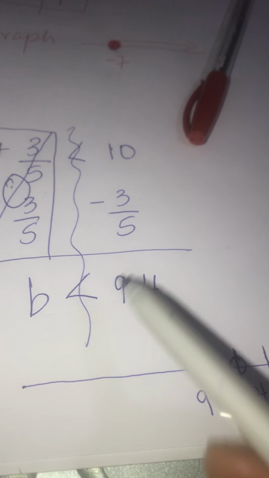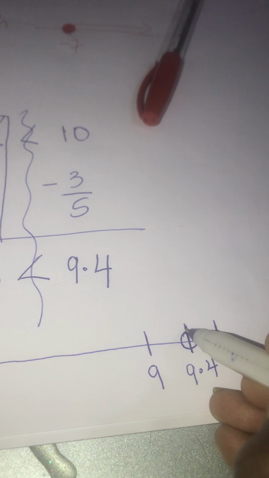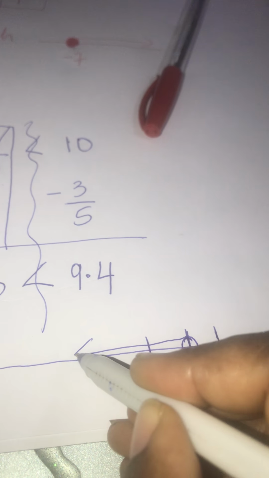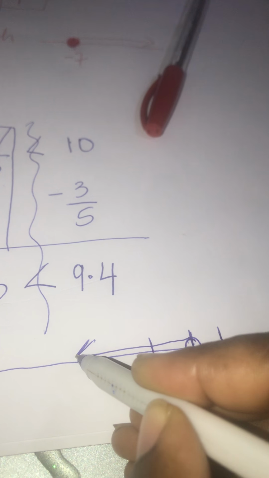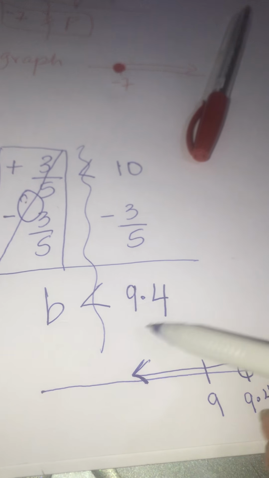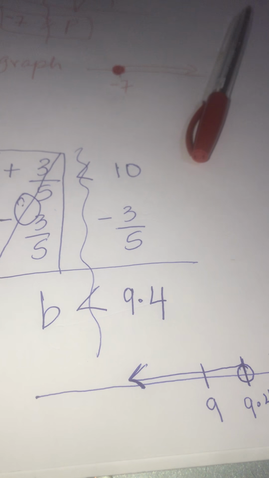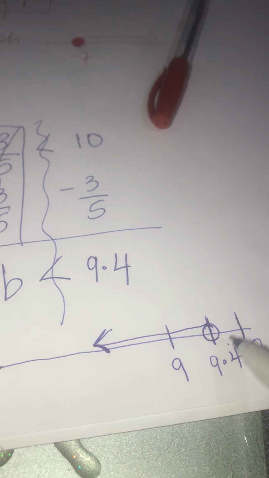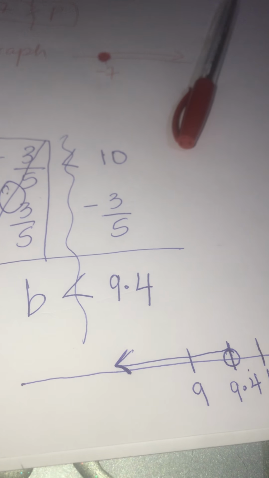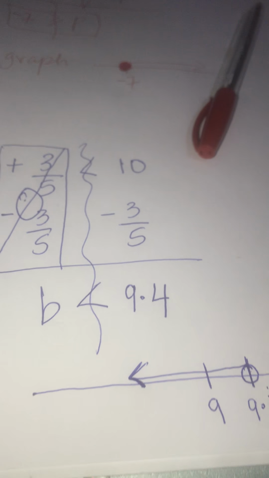It is open and I am going to the left. You can change your fraction to decimal because it is easier for you to graph. But even if the question tells you to do it as a fraction, you should know where your fraction lies.